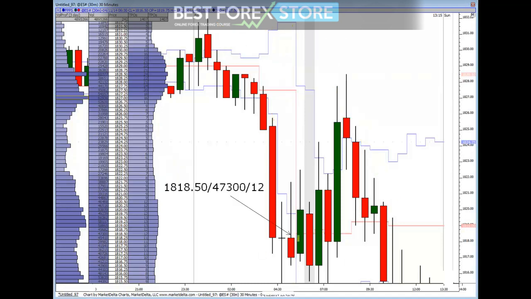Now here at this level down here, 1850, notice the volume level 47,300 and 12 TPOs. So we have found an area that we've stopped at a little bit. 12 is certainly not as much as 22 or 24, but we're seeing a rotation in the market.